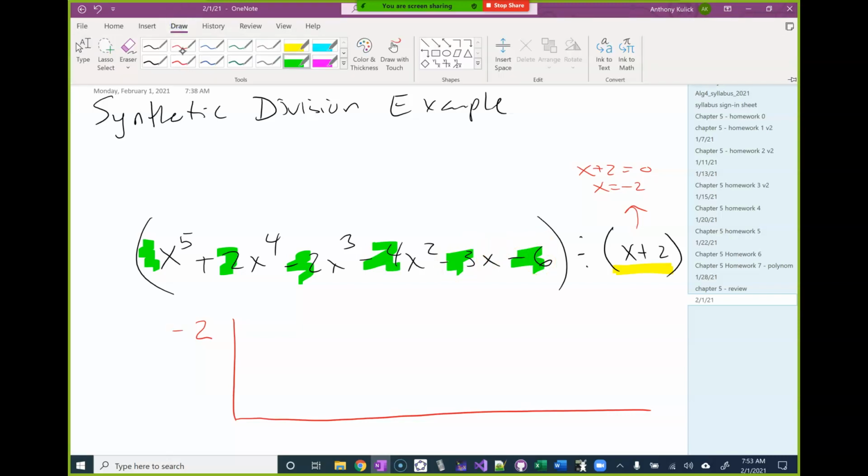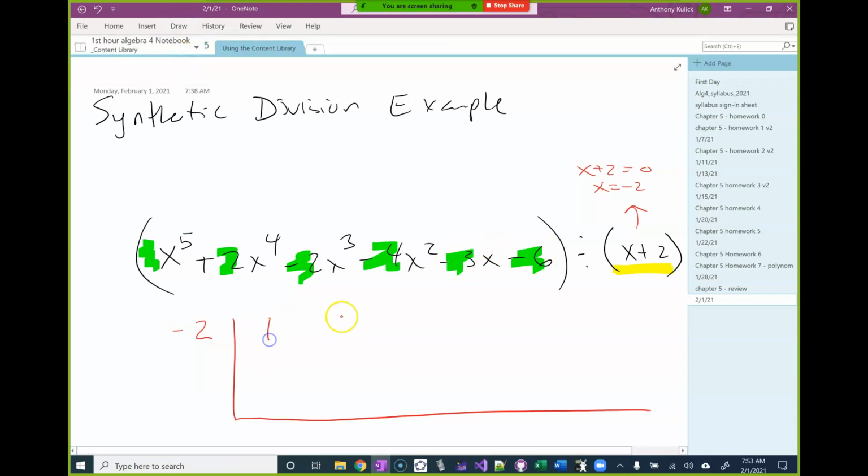The one thing we have to be very careful about there is that we can't have any skipped terms. So notice in our polynomial we have x to the 5th, 4th, 3rd, 2nd, 1st, and then constant. So we didn't skip any terms. If we skipped a term, though, we have to put a 0 in place for the one that gets skipped.